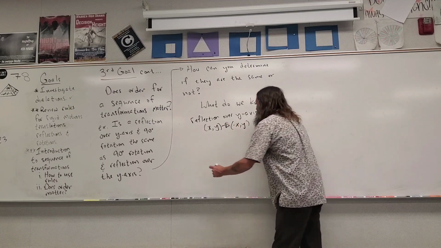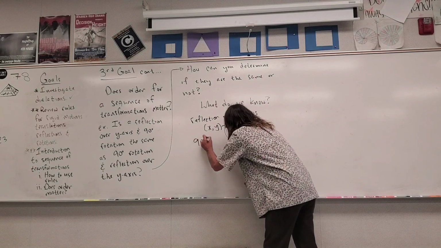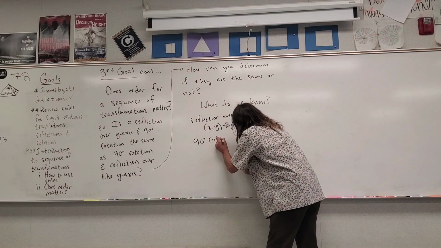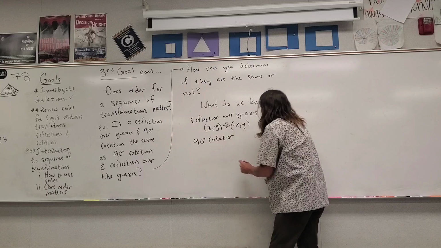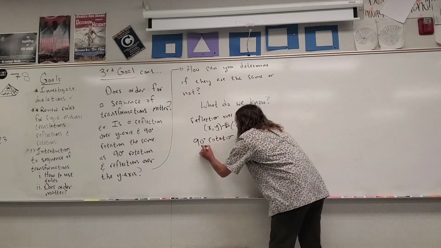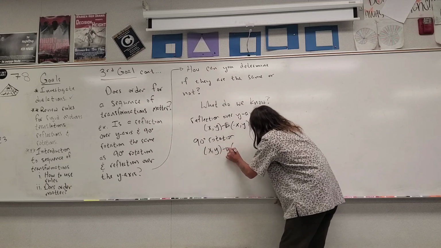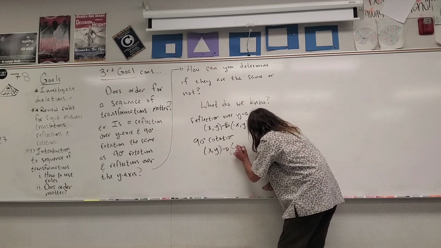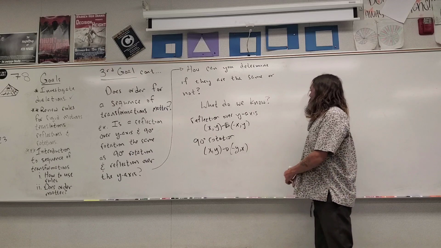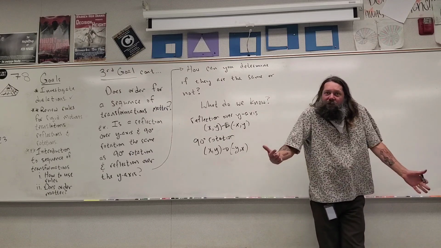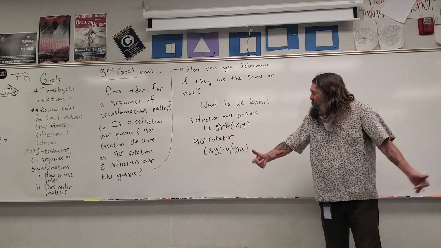I know for my 90-degree rotation, my x, y is going to turn into negative y, x. So what we can do is make a sequence of transformations out of these, right?